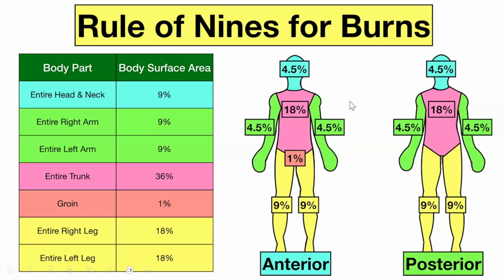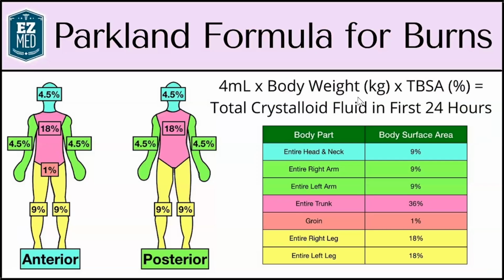As you increase the body surface area of burns, that also increases the risk for both tissue loss as well as mortality. One of the things that's used with the rule of nines is this formula for burns to determine how much body fluid is lost. If you use this formula of 4 mLs times the body weight in kilograms times the total body surface area, you can actually determine how much fluid needs to be replaced.